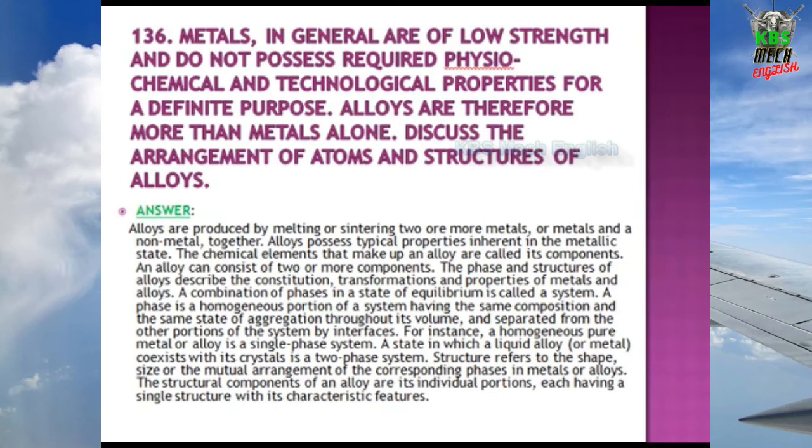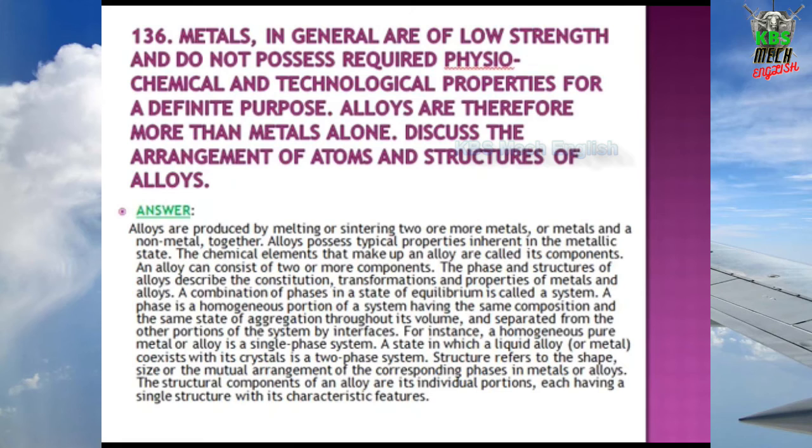A phase in a state of equilibrium is a part of a system in the same state of aggregation throughout its volume and separated from the other portions of the system by interfaces. For instance, a homogeneous pure metal or alloy is a single-phase system.